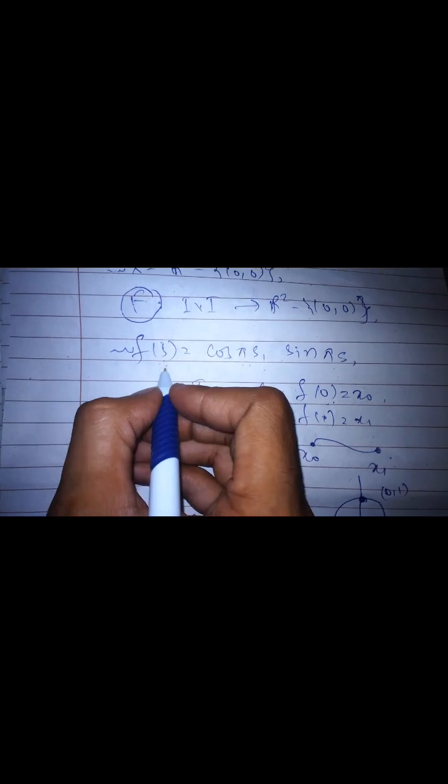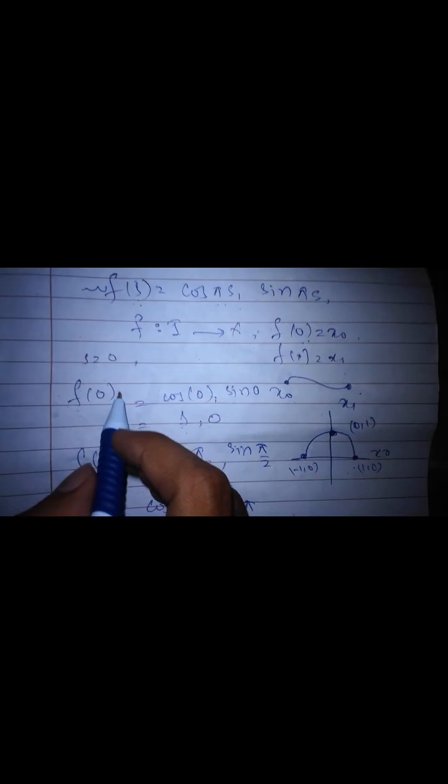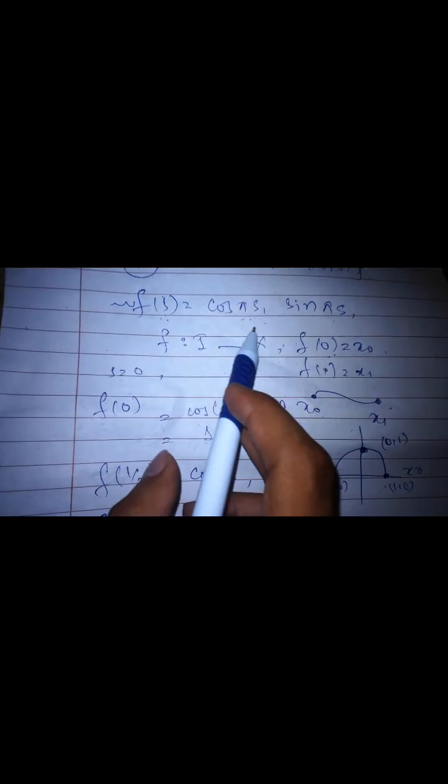If we substitute s is equal to 0 in this path, we get (cos 0, sin 0). Cos 0 is equal to 1 and sin 0 is equal to 0, so we get this point, x0, the initial point of this path. If we substitute s is equal to half, we get (cos pi by 2, sin pi by 2).